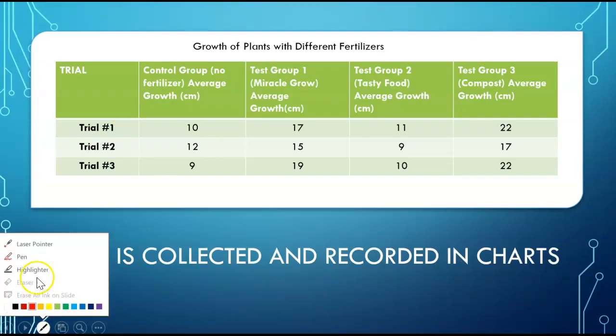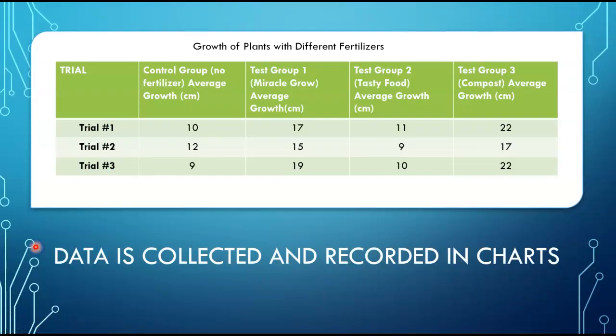So here's an example of a chart. And so these are the rows that go across horizontally. So trial 1 is in row 1, trial 2 is in row 2. And these are columns. Columns go vertically. And so if you take a look, this chart says the growth of plants with different fertilizers.